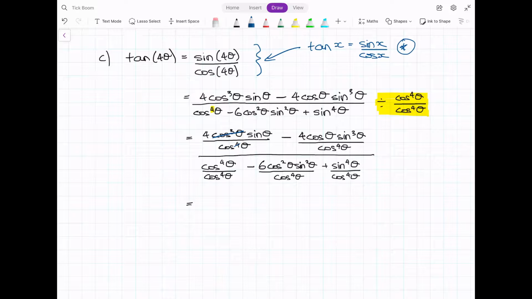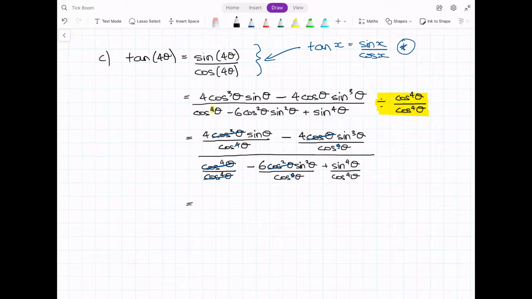Here the cosine theta in the numerator will cancel out, and we'll be left with cos cubed theta. Here the cosine to the power of 4 will each cancel to leave us with 1. And here the cos squared theta will cancel out, and we'll end up with cos cubed theta in the denominator. And then we've got the same power here already. So let's just write that out.